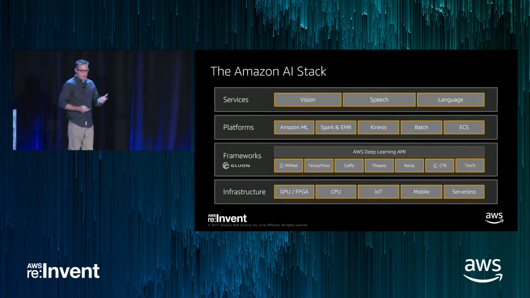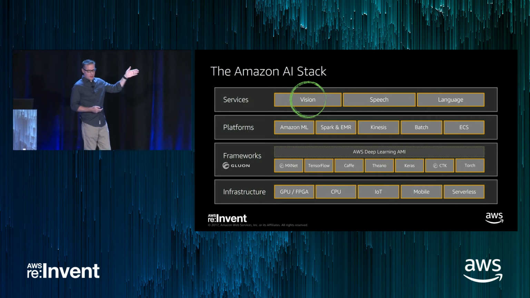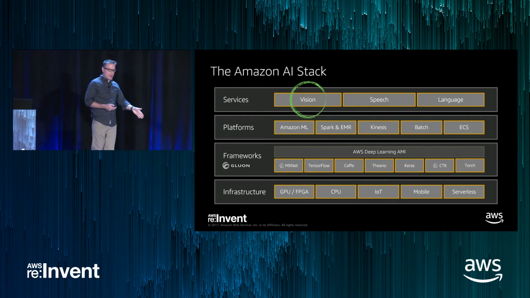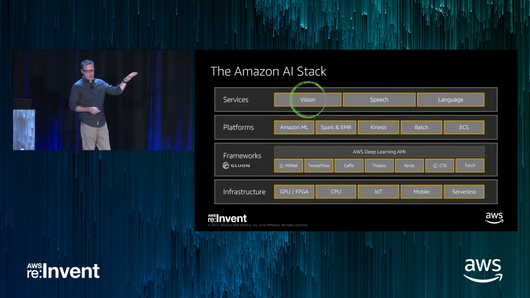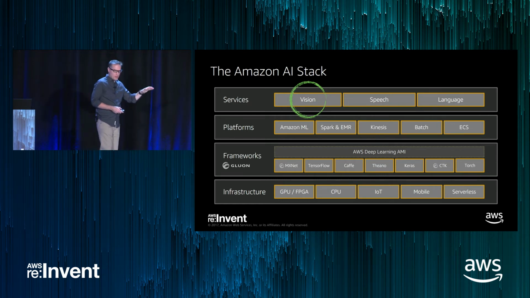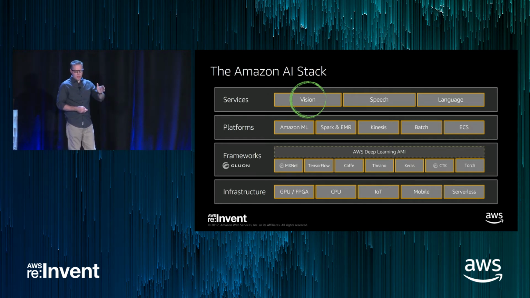So we looked at the service stack, right? If we look at the entire service stack, top to bottom, we have this notion of higher order services, and we talked a lot about recognition in the vision category. Below that, we have a number of options for platforms, et cetera.